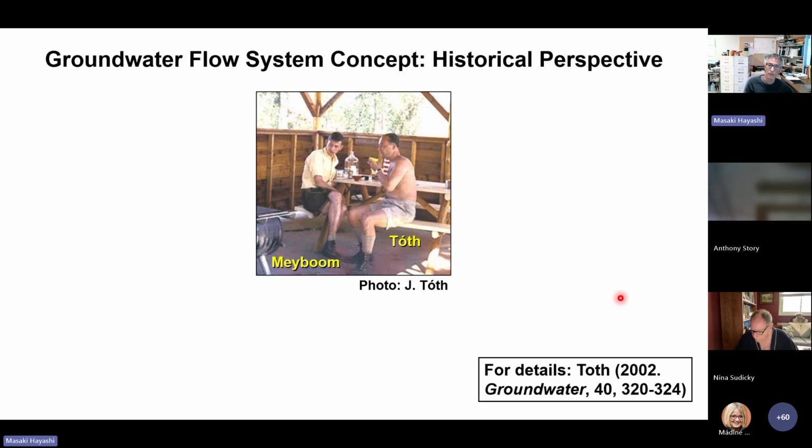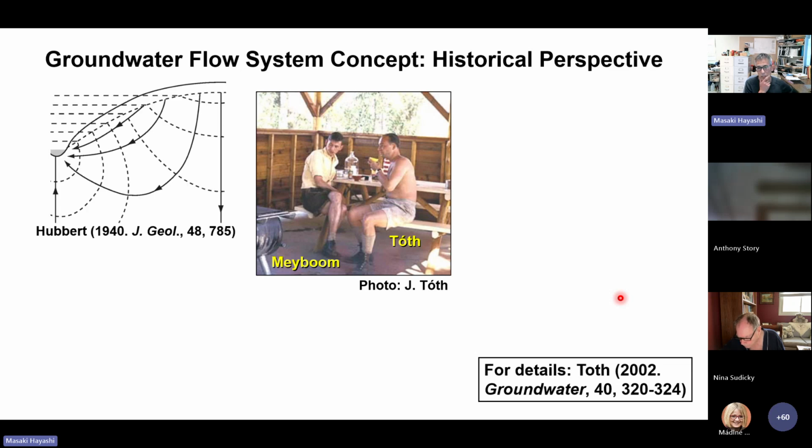He was hired by Bob Verbolden, also Peter Maibum, who is also in this picture. Joseph was a geophysicist by training, but for some twists and turns, he had to work on hydrogeology. So he thought he would learn about hydrogeology from the big paper by M.K. Hubbert, a theory of groundwater flow.